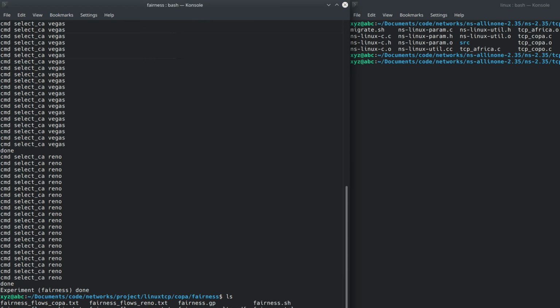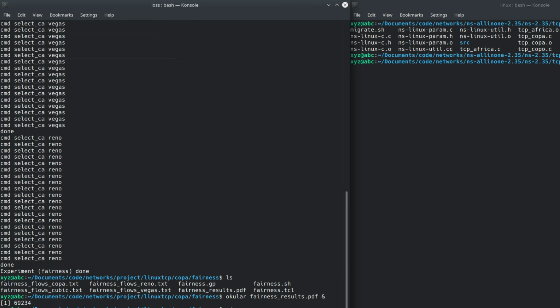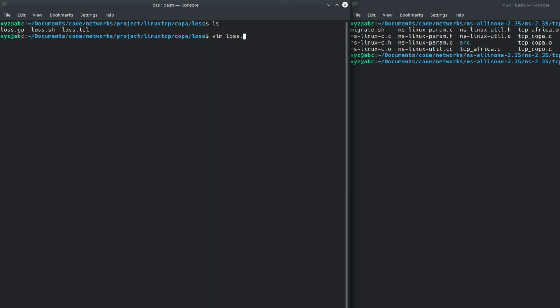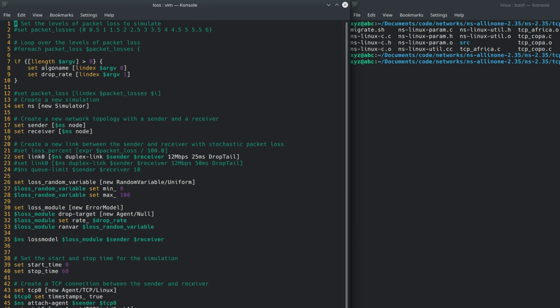Now let's move on to the last experiment that we ran. Let's take a look at the next script. This experiment is a little bit easier. We only have two hosts, one sending host and one receiving host.